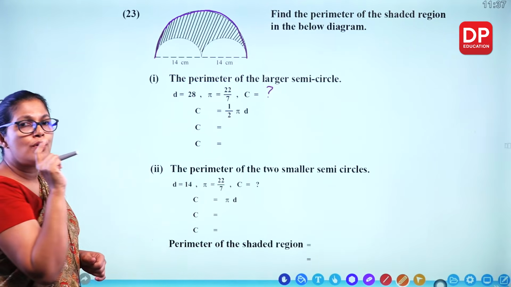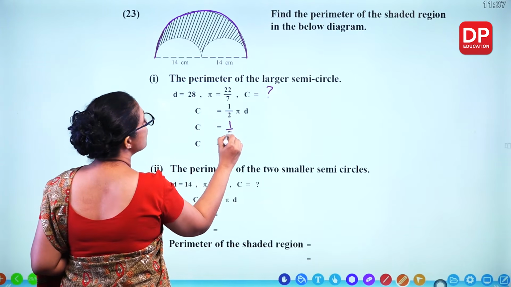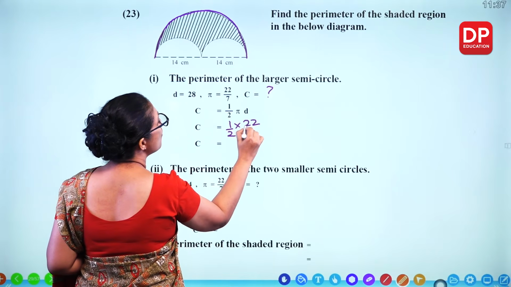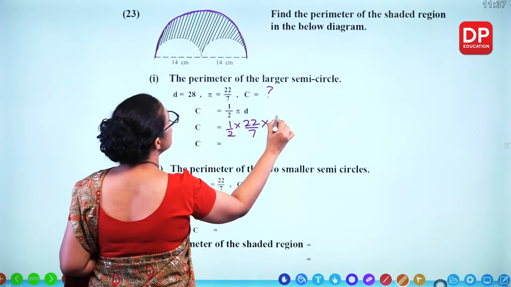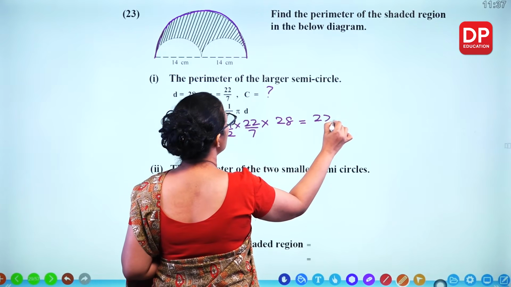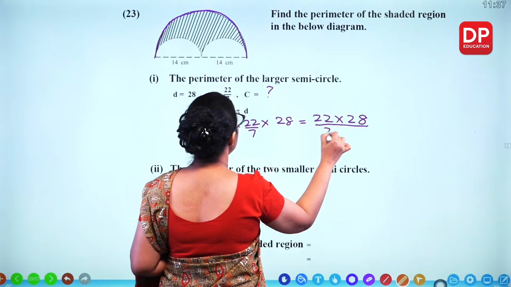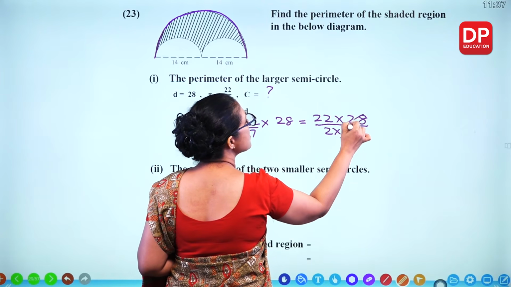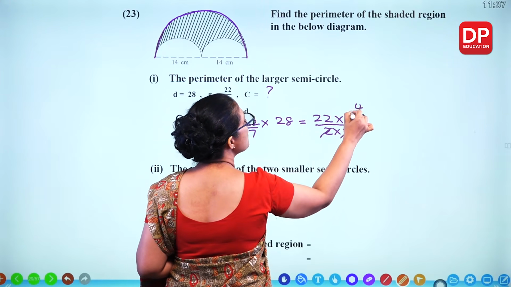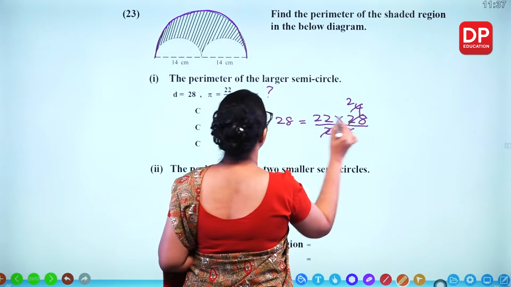So you can do pi d over 2 or half pi d. So half pi is 22 over 7, d 28. So what's the value? 22 times 28 divided by 2 times 7. 7 times 4, 2 times 2. So you get 44.